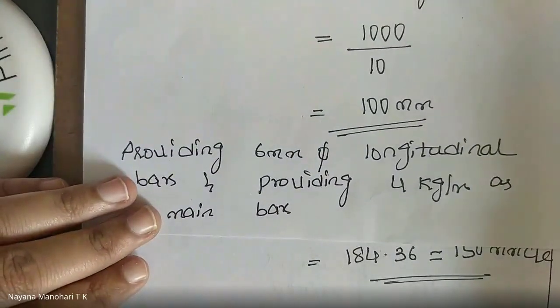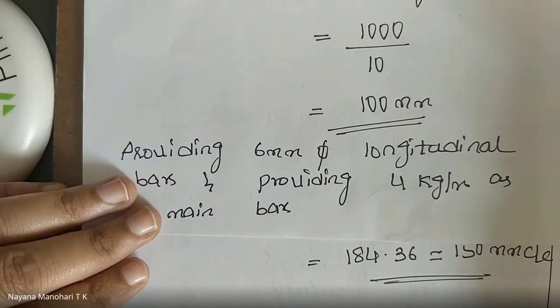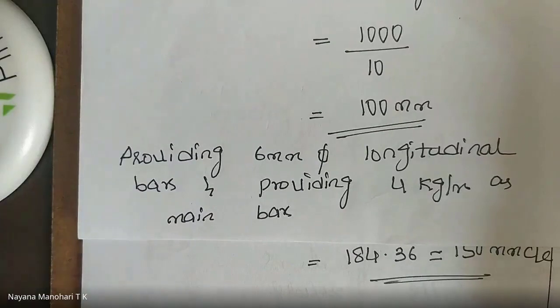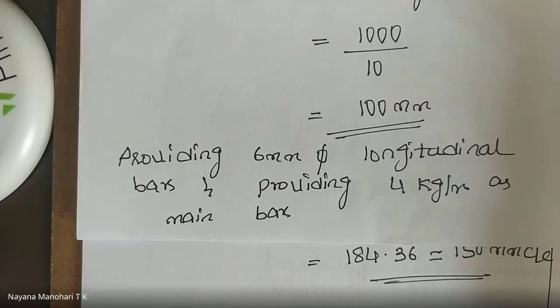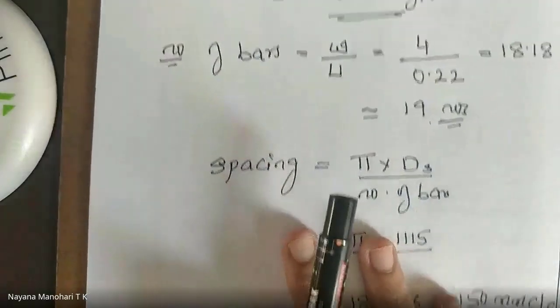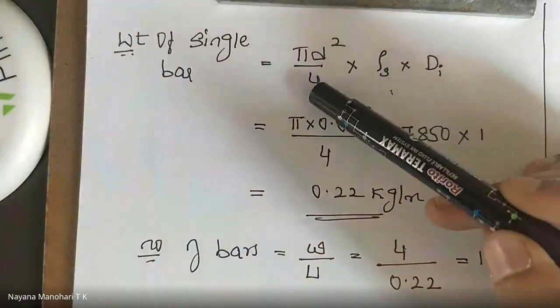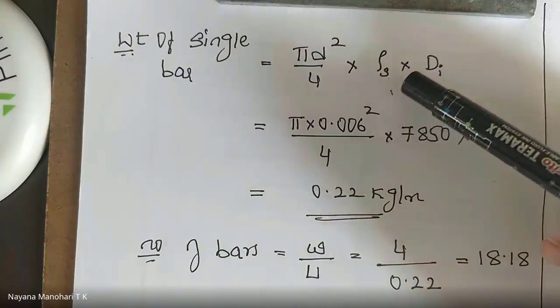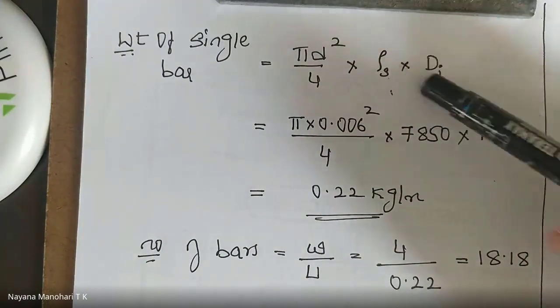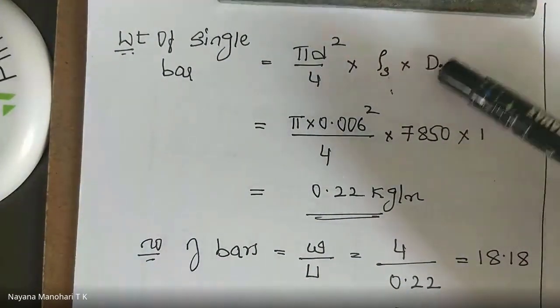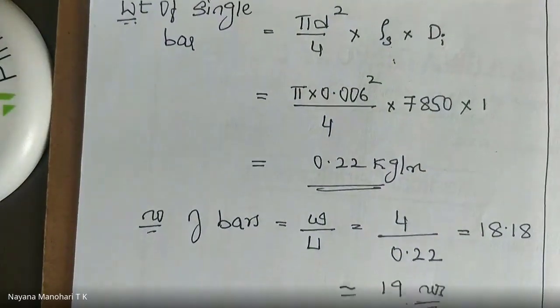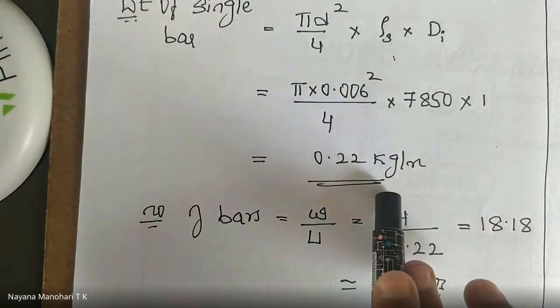Next, same as such for longitudinal bars, you need to assume 6 mm dia and 4 kg per meter weight as the main bars. Same as such, weight of a single bar you need to calculate as pi d square by 4 into its density into its internal dia. That is the main bar. Next substitute all the values and calculate.